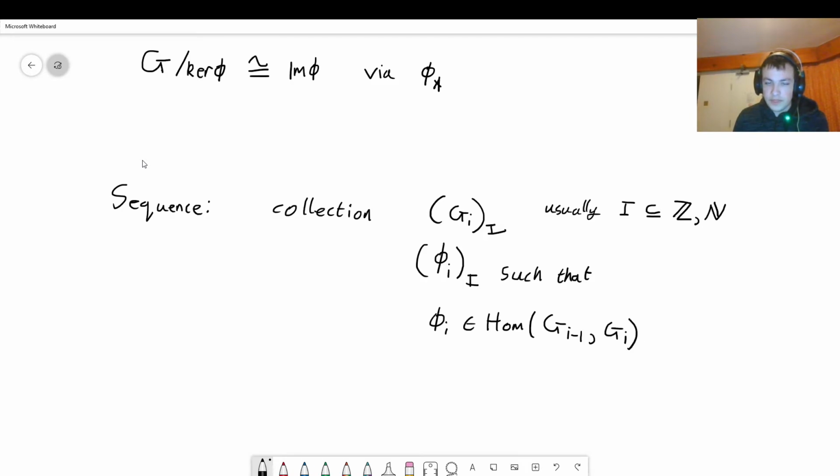And so we can express this as G0, which goes via phi 1 to G1, which goes via phi 2 to G2, and so on.